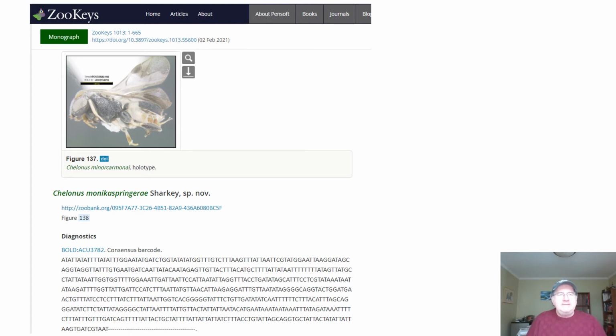A species description that, remember that one of the requirements of the code is that the author provide characteristics by which the new species can be distinguished from other species. And Mike's assertion is that this species, represented by this single picture, you could blow it up, but it's not a great picture to begin with, can be identified by this barcode.